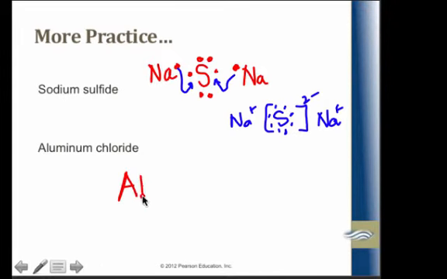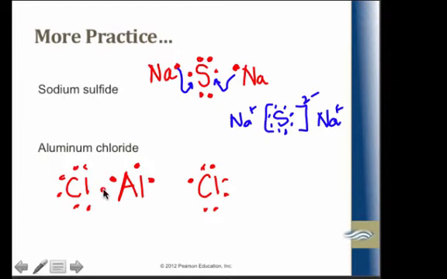Aluminum has 3 valence electrons. So we have chlorine, which is 1 short. So, as you've probably figured out, 3 chlorines would love to partner up with this aluminum and take its 1 electron.